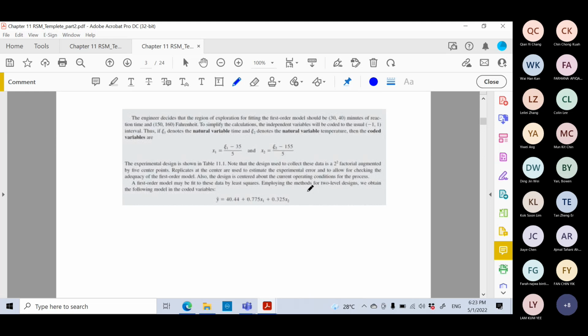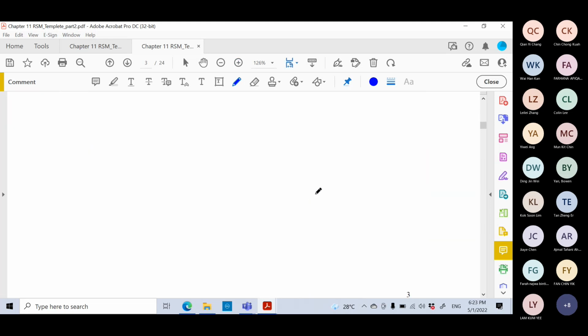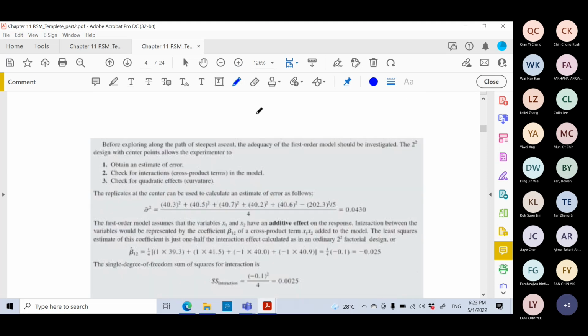But before we go for the optimal solution, we need to check whether the interaction will be important or not. Before we explore the path of steepest ascent, the adequacy of the first order model should be investigated.